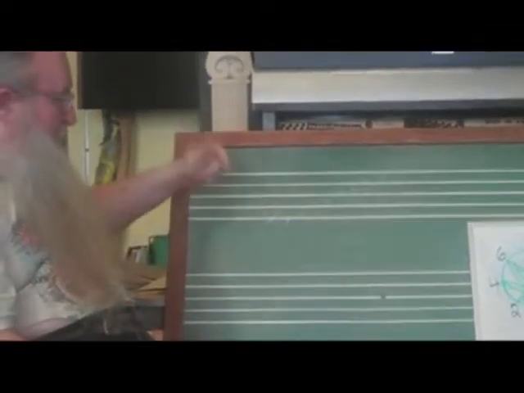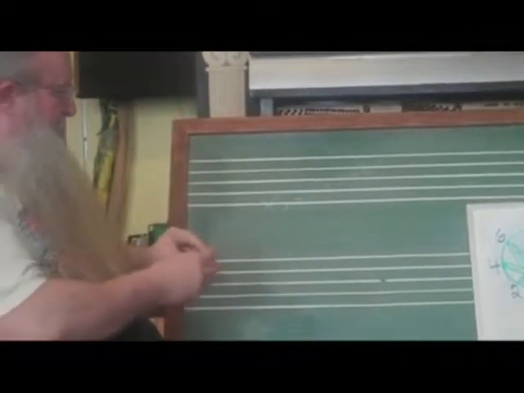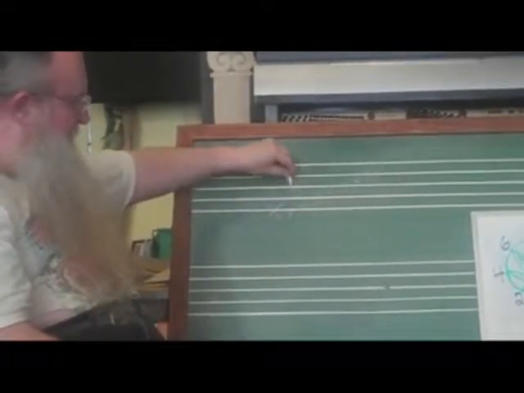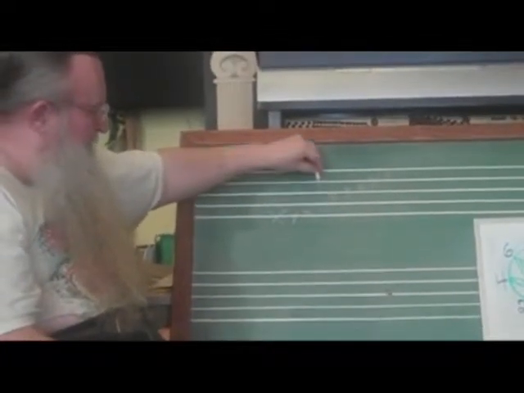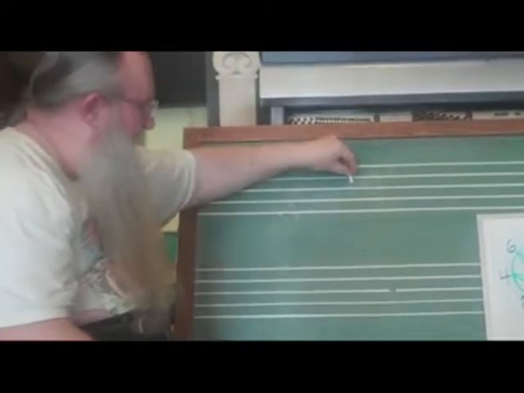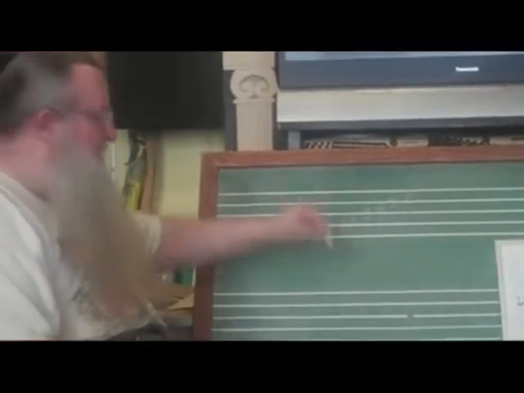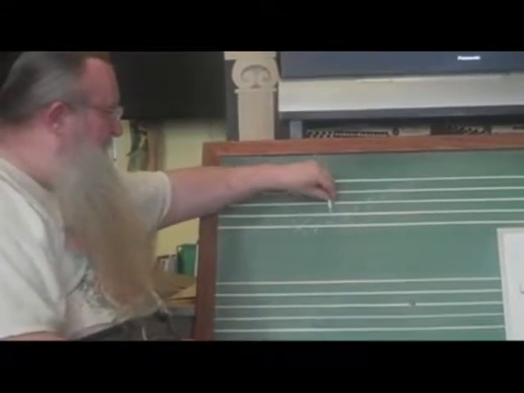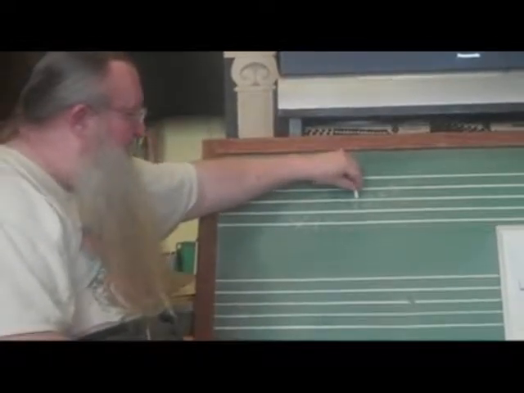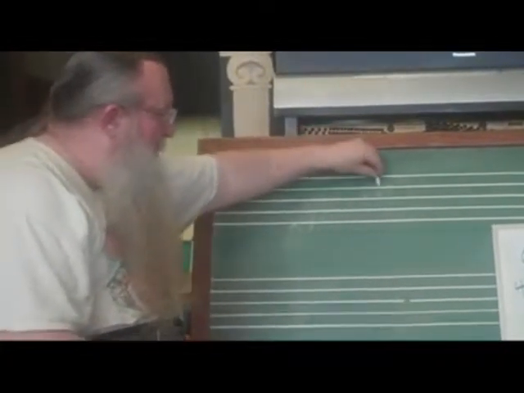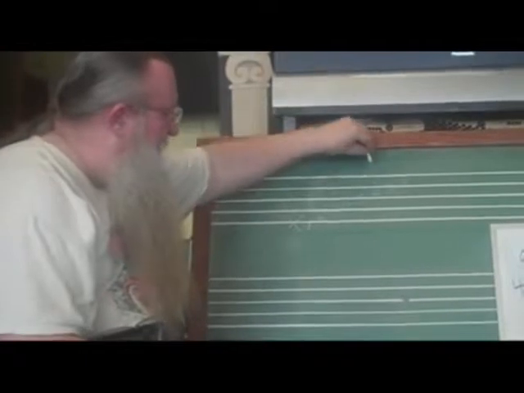Now, if we look at all the lines, we will notice that on this line is the number 1, on that line is the number 3, on that line is the number 5, and on this line is the number 7. Another pattern occurs with all the spaces. The first space here is the number 2, the second space is the number 4, and the third space is the number 6.